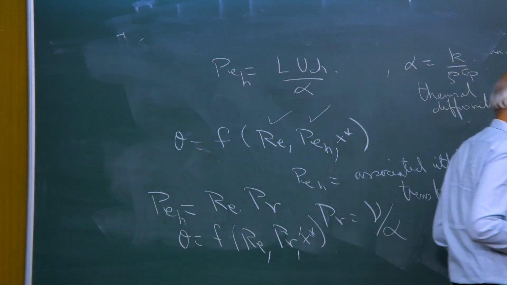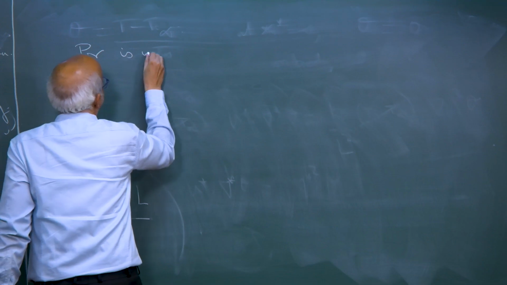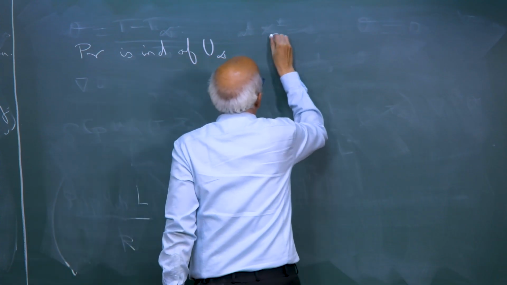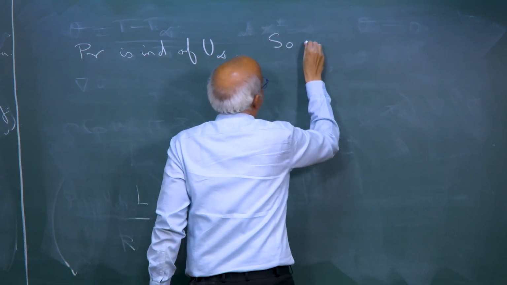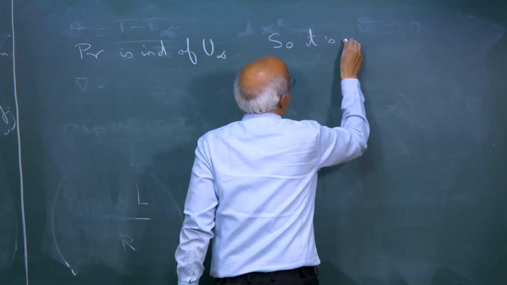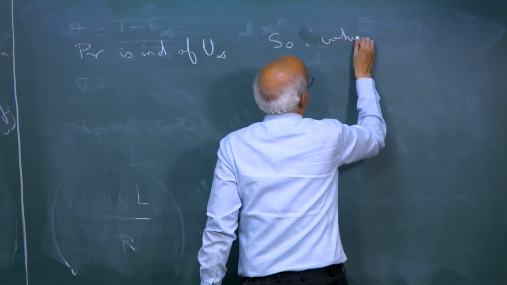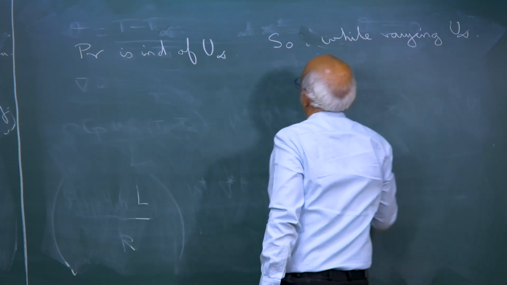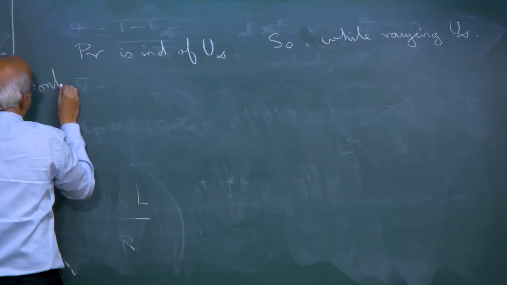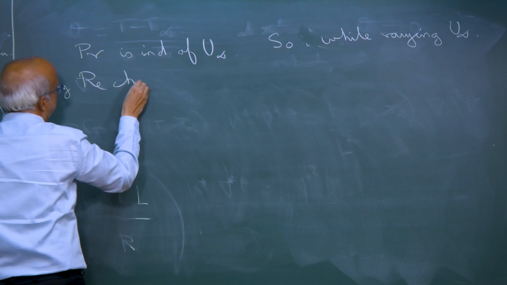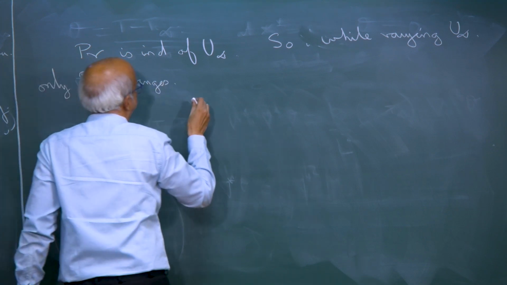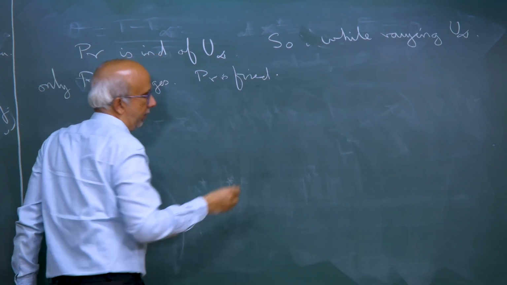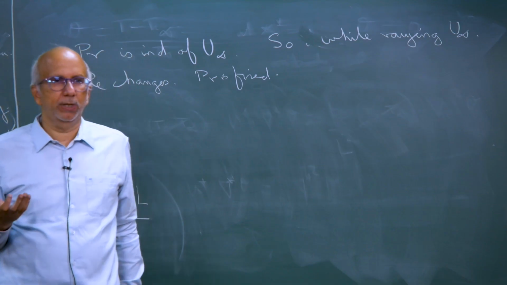So, Prandtl number is independent of U infinity. While varying U infinity, only Re changes, and Prandtl number is fixed because it depends only on the fluid properties nu and alpha.